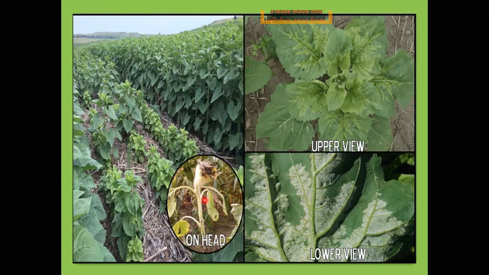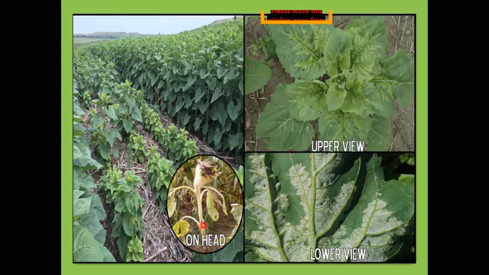Sometimes stem galls are seen on the stem portion or root portions. These galls develop at the base of the plants, on the stem or on the root portions.